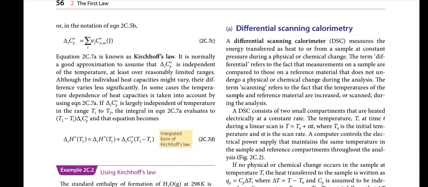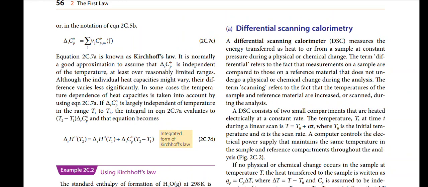It is normally a good approximation to assume that delta Cp R naught is independent of the temperature, at least over reasonably limited ranges. Although the individual heat capacities might vary, their difference varies less significantly. In some cases, the temperature dependence of heat capacities is taken into account by using equation 2C.7a.